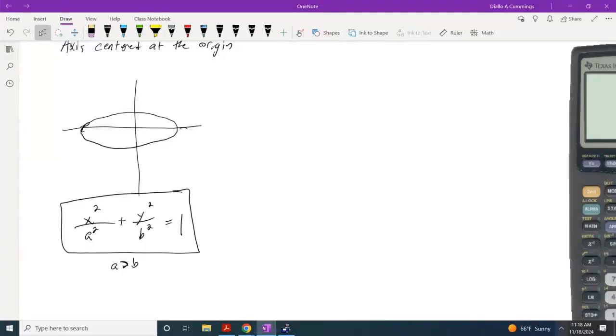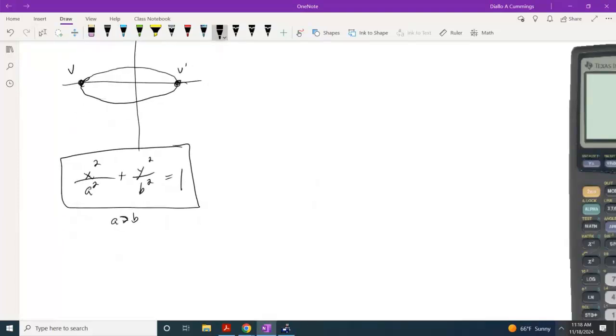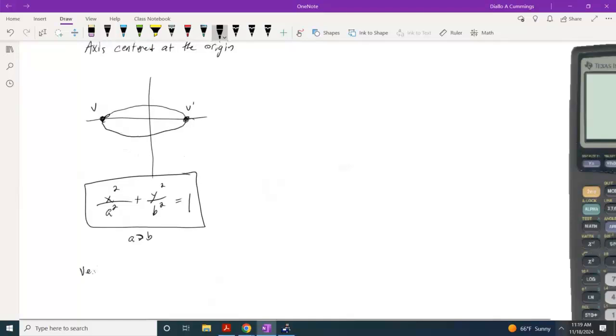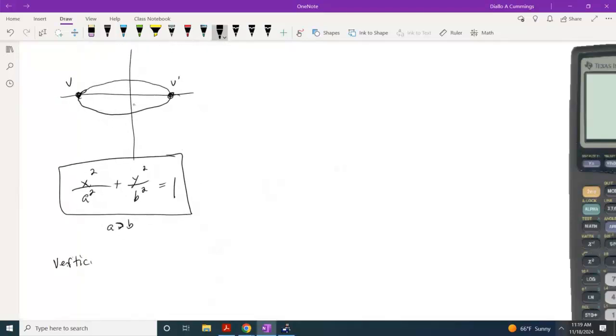Now along this horizontal axis, or the major axis, we can find the vertices. Some are going to call this V and V prime. The coordinates for the vertices are plus or minus a, comma 0.